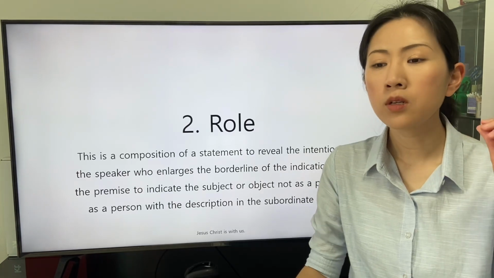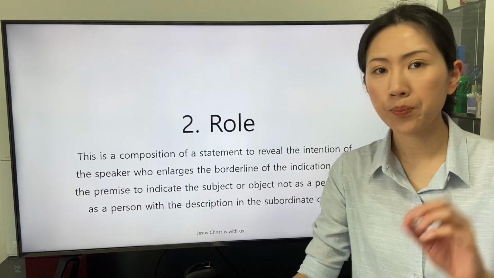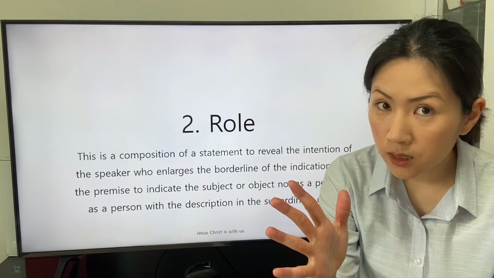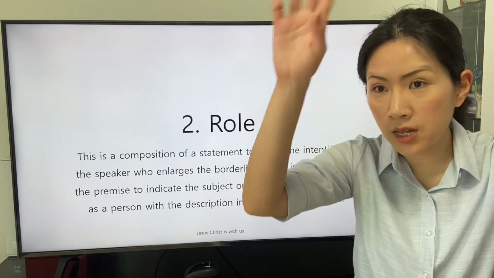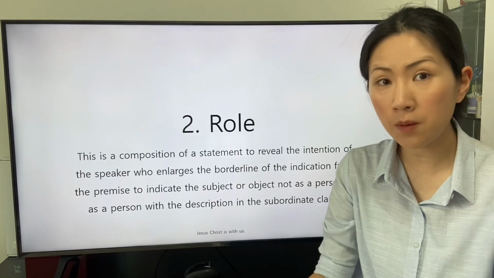For example, the clause an eraser exists is about the subject and the description. The subject.